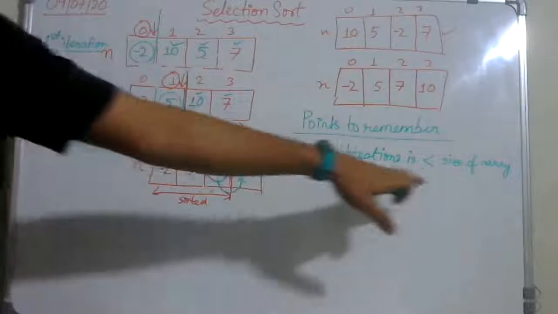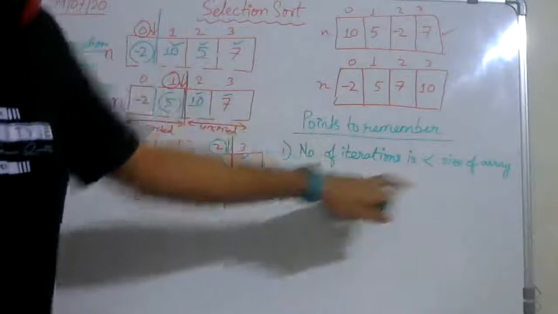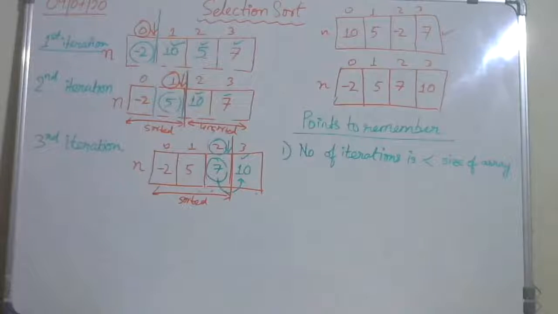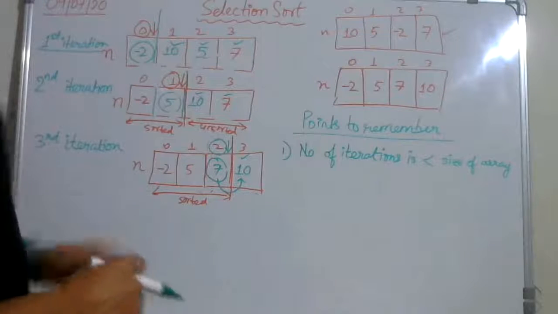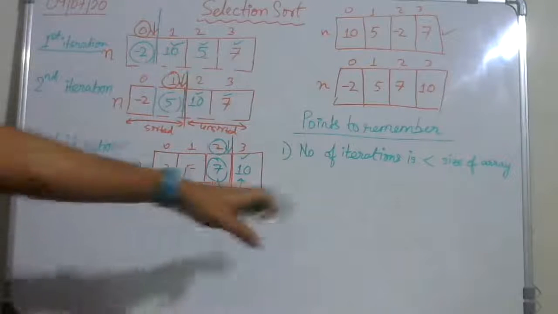I'm writing with respect to programming notation. If I write less than or equal to, it means it is equal to the size of the array. Since I'm writing less than the size of the array, the number of iterations will be one less.